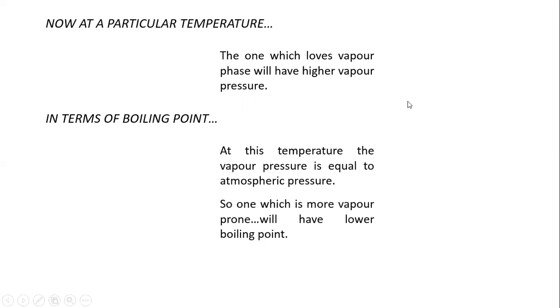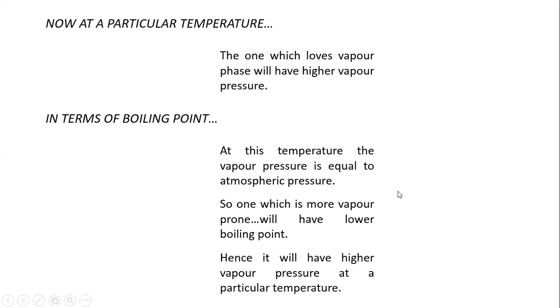The one which is more vapor prone, or which loves getting into the vapor phase quickly, will have a lower boiling point, because it likes going to the vapor phase, so with a rise in temperature it will shift to its vapor phase quickly, and the temperature at which its vapor pressure equals atmospheric pressure will come very soon. That is the reason it has a lower boiling point, and that is the reason it has a higher vapor pressure at a particular temperature.